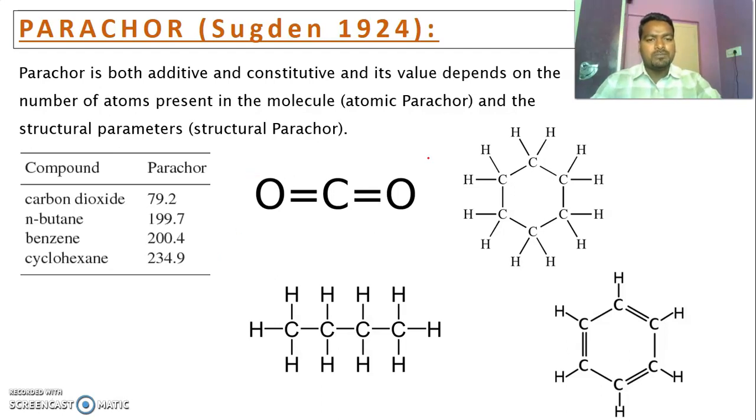In cyclohexane, 6 extra hydrogen atoms are present compared to benzene. So due to the increasing number of hydrogen atoms, the variation in Parachor value takes place. That's why in case of cyclohexane, the Parachor value is more compared to benzene.